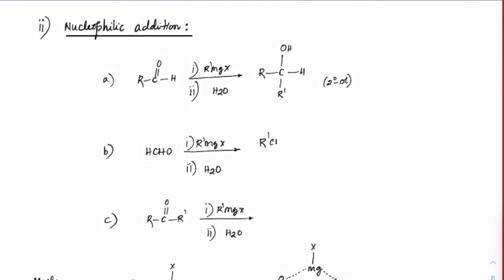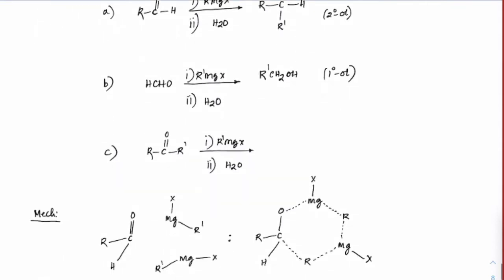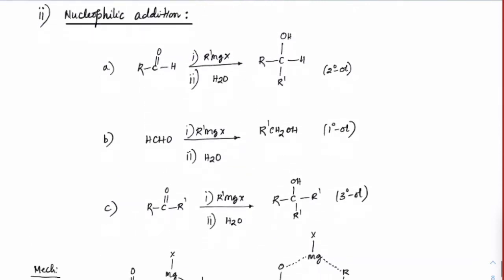Because R' CH2OH will be a 1-degree alcohol. But with all types of ketones, if you react them with Grignard's reagent, we will get tertiary alcohols. So we will get OH, R' and R'. So this is a tertiary alcohol. Make a note, nucleophilic addition.